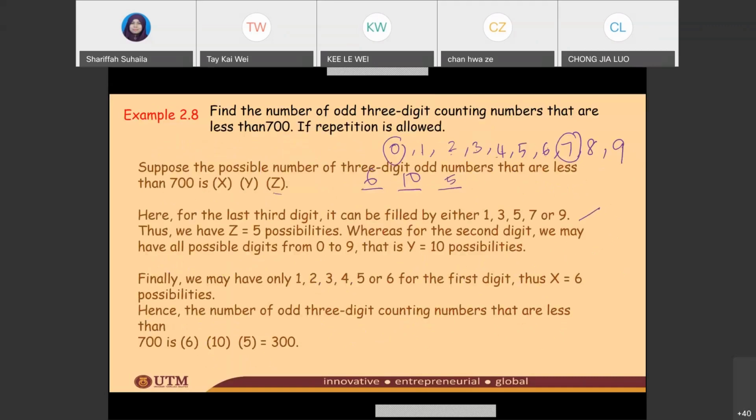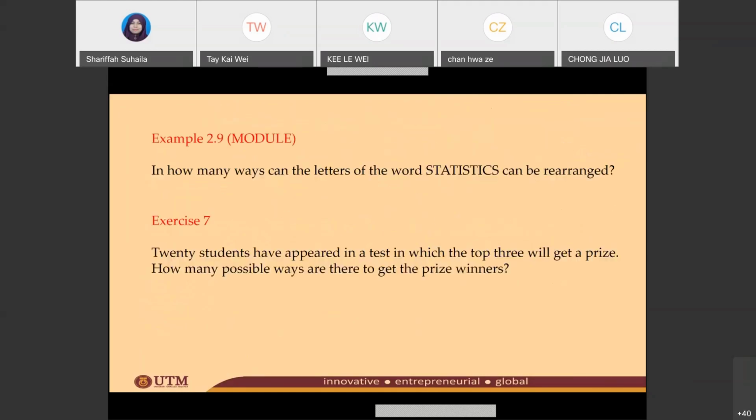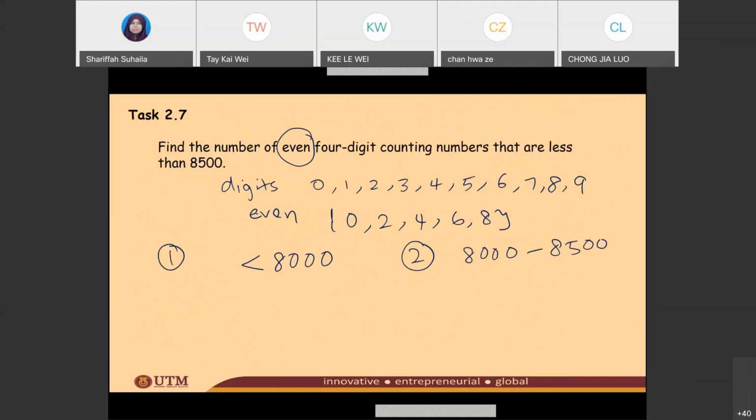Ini less than 700 senang, mudah sikit lah. Sebab dia tak ada less than 700, maksudnya the lowest value is 699, right? But this one, you have 8,500. If you have the value 8,499, that means it's still less than 8,500. So alternative way, you split into two. First, you consider the number of possible ways which is less than 8,000. Second, you consider between 8,000 up to 8,500.